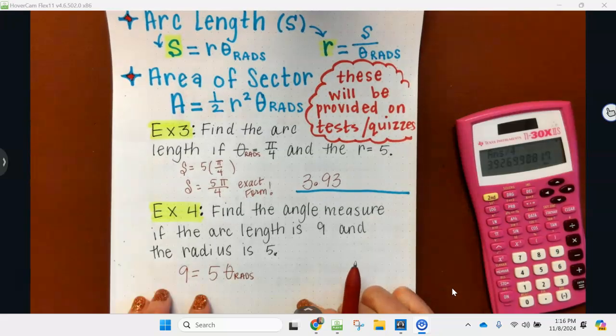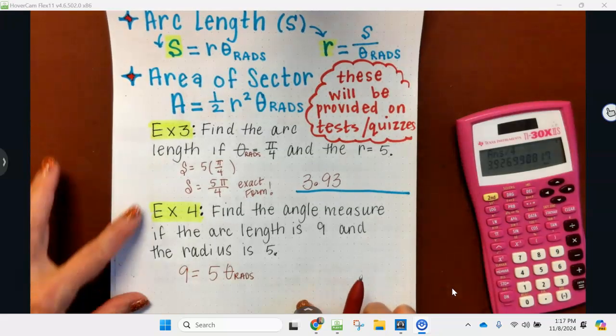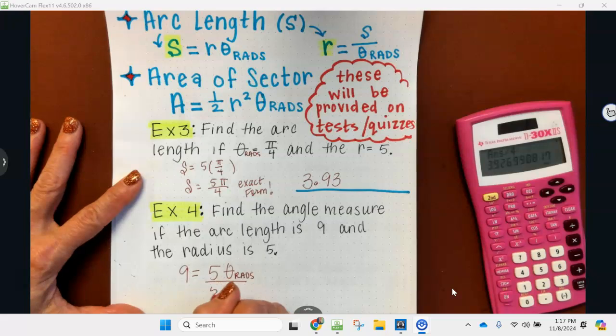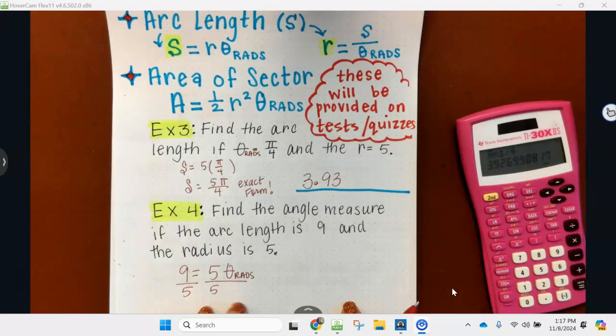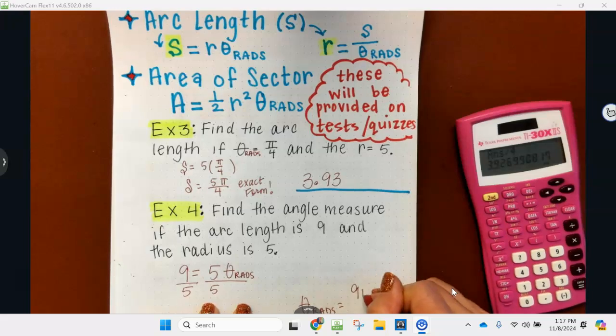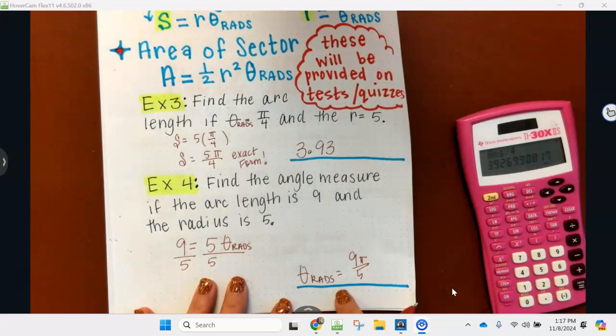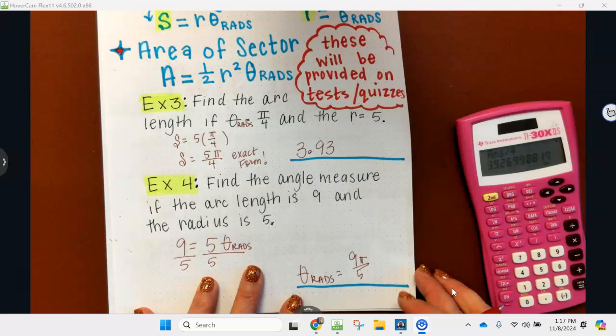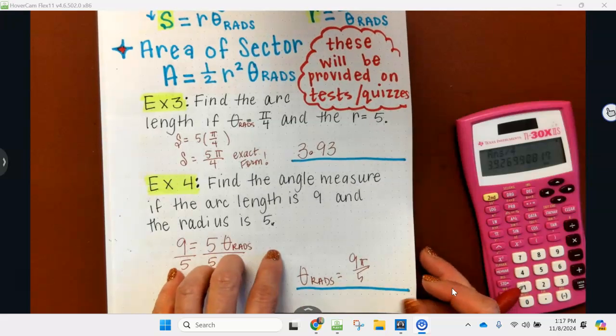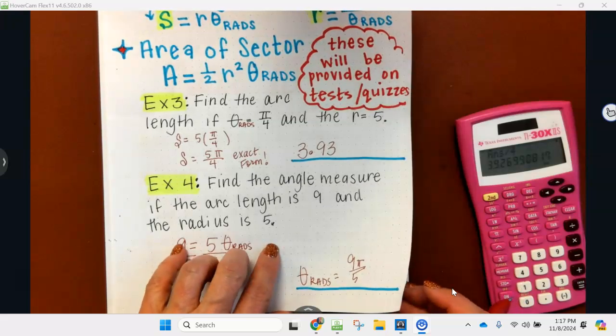So all I need to do is divide both sides by 5. And then I have my angle measure in radians: 9 pi over 5. So that's how we use that in radian form. Okay, so that is part 2.